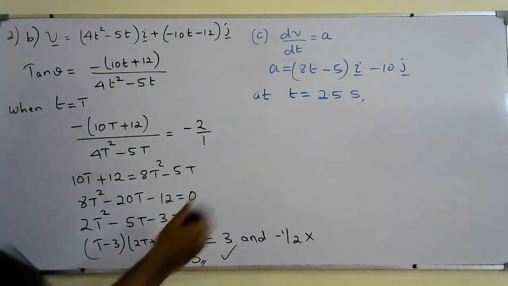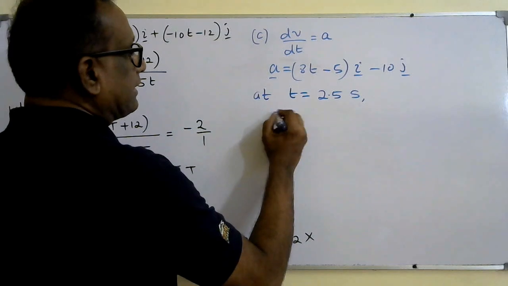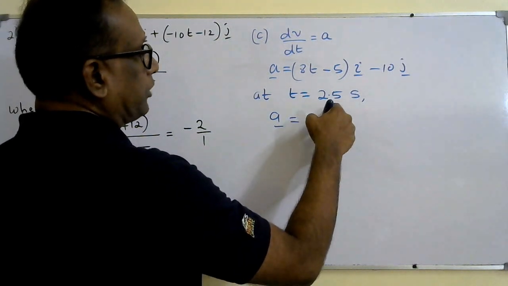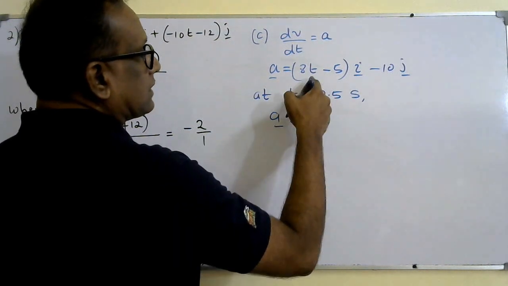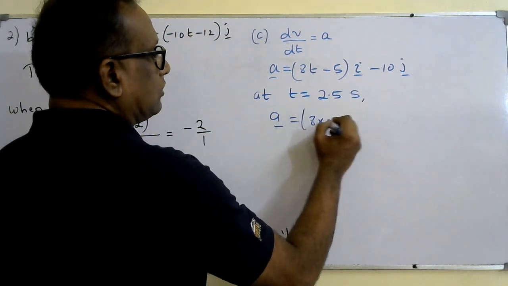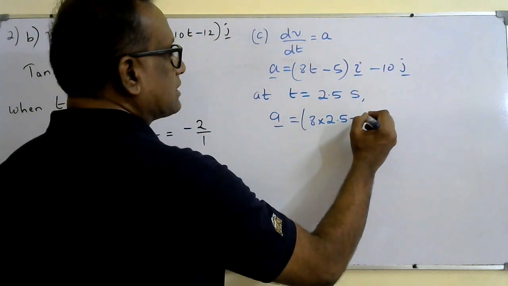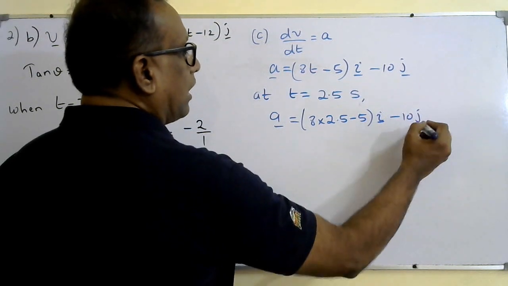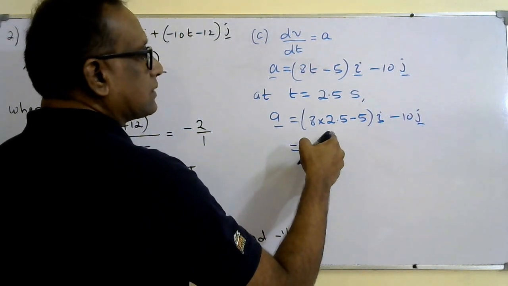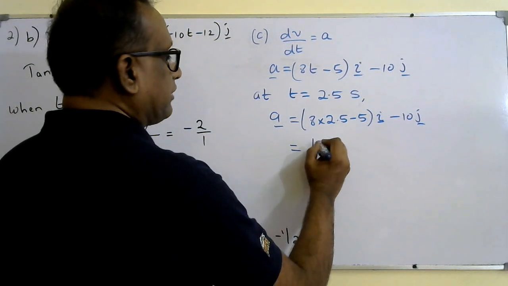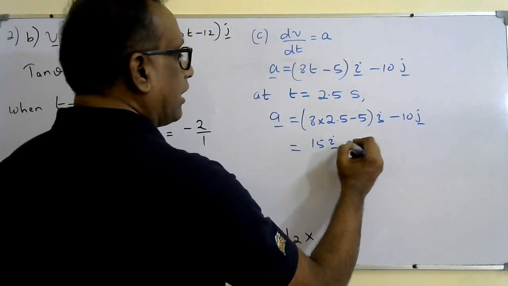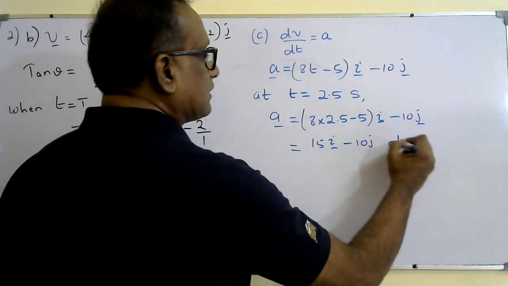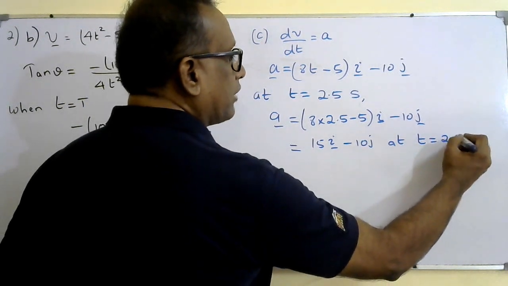So when t equals 2.5 seconds, the acceleration vector will be, substituting 2.5 into 8t, 8 times 2.5 minus 5i minus 10j. That is 20 minus 5, which is 15i, minus 10j at t equals 2.5 seconds.